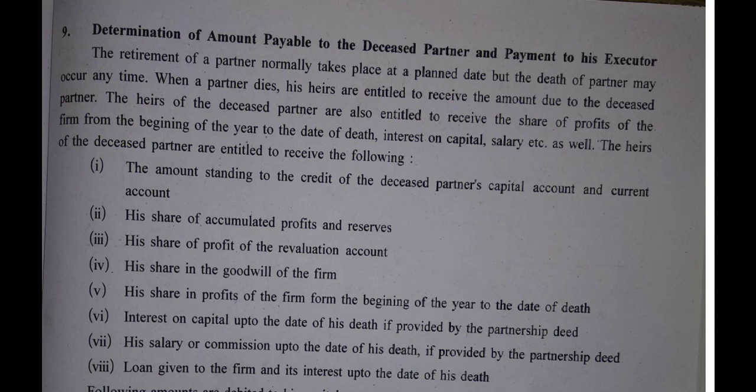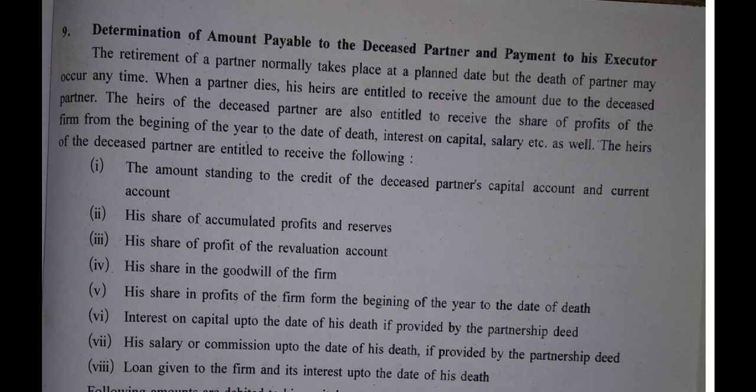Fine then. Here we are supposed to understand a little bit of theory before we proceed with the sums of death of a partner. Pay attention to the screen and to what I am reading.